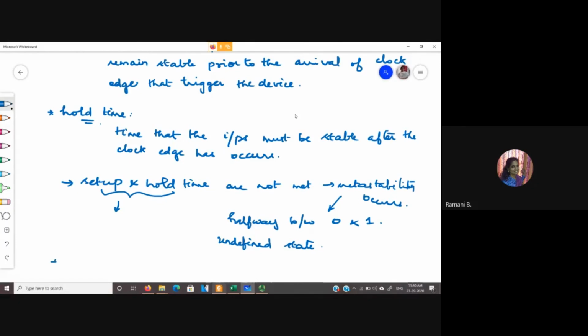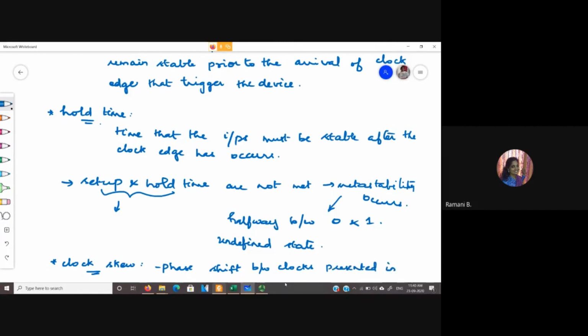And you have one more definition called clock skew. This is the phase shift between the clocks, because in a digital system, you may not be having only a single component. You will be having multiple components, and each may have a clock to be used for driving the circuit. The phase shift between these clocks is called the clock skew.